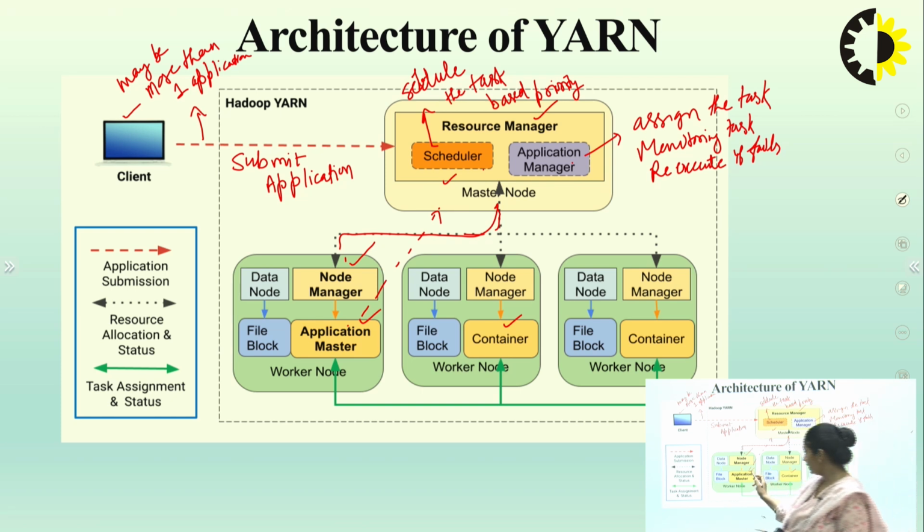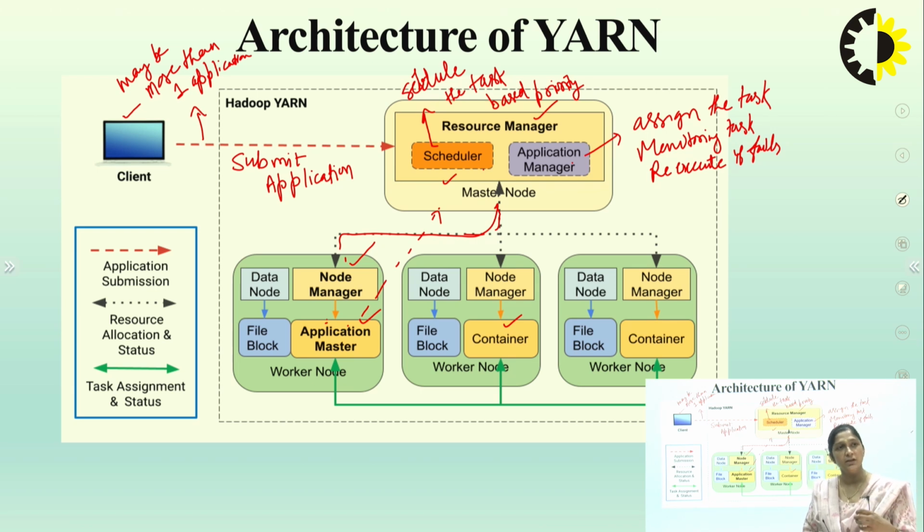This application master is responsible for executing only one application at a time. Means the application master can execute only a single application at a time, and it requires some memory to execute that particular task.